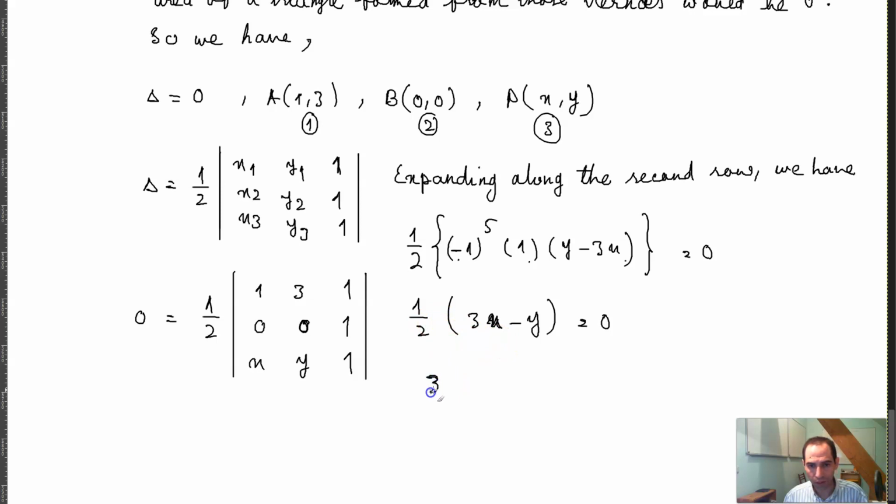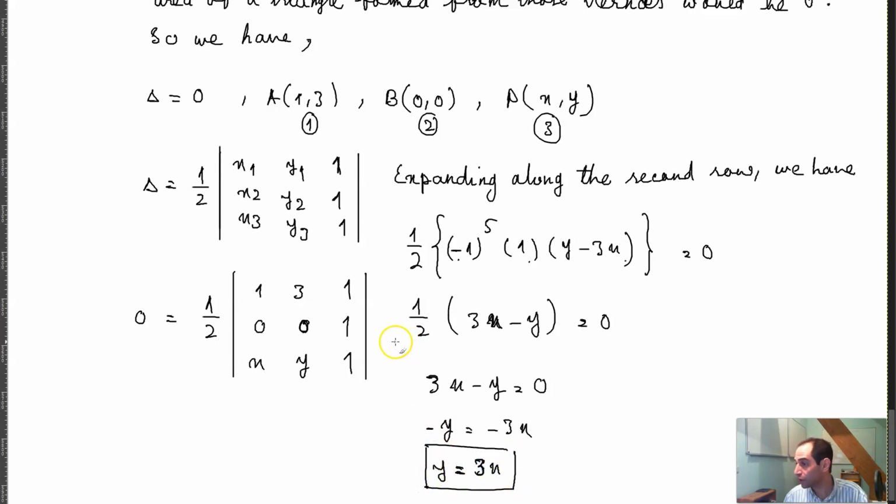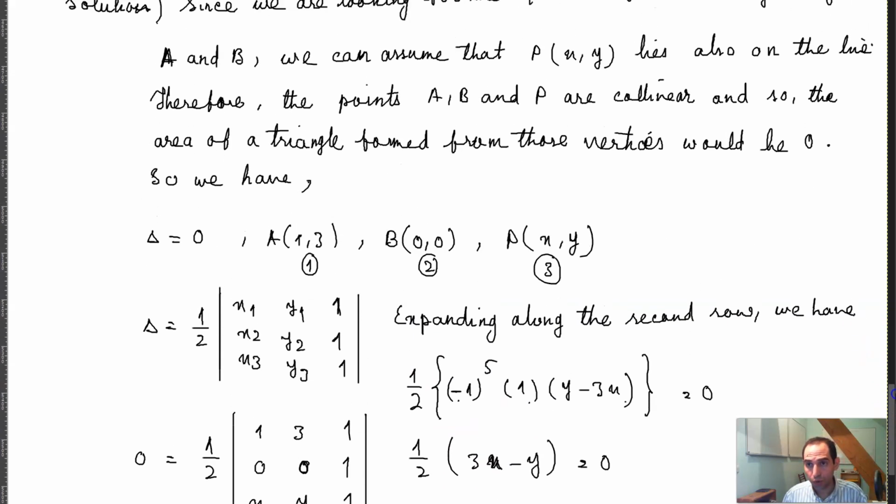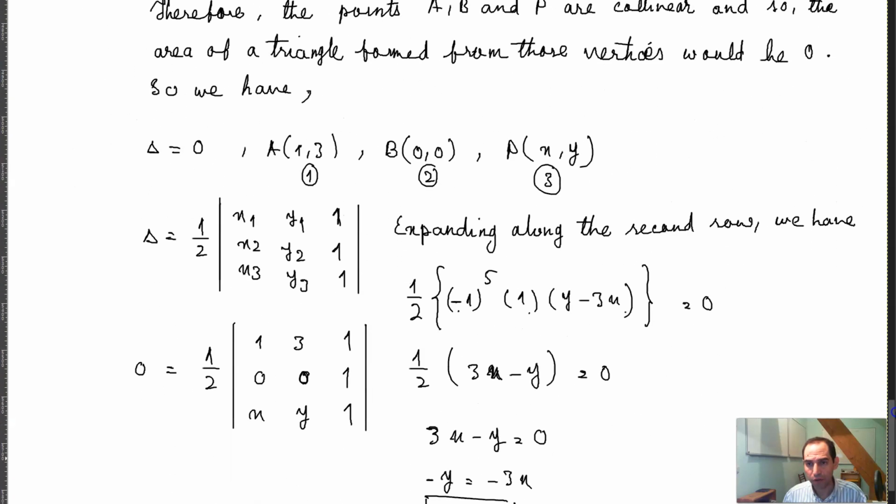I will get 3x minus y is equal to 0, which means that negative y is equal to -3x, which means that y is equal to 3x. And that is the equation of the line joining those 2 points A and B, right?